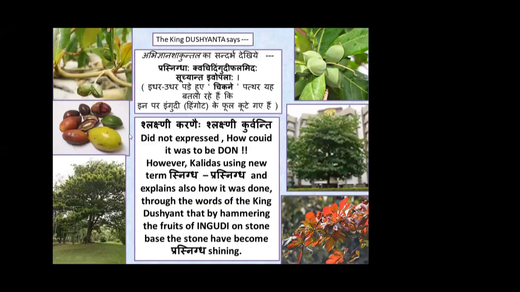King Dushyant is approaching Kanva's ashram, and he mentions that, you see, the ingudi fruits are hammered, and due to hammering on those, whatever oil is coming out, and whatever the hammering is, just pressing on these stones, they become prasnigdha, and especially snigdha.